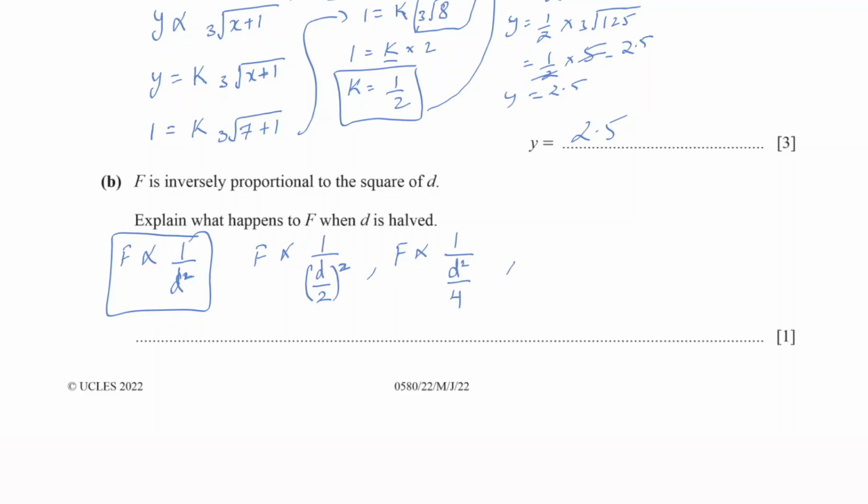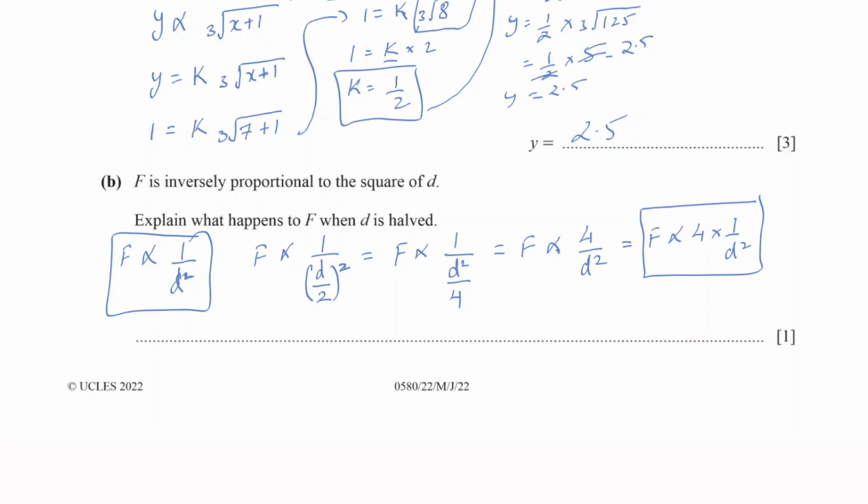Let me put an equals sign, because this is not the correct way of writing. Now 4 goes up and d square comes down. So f is proportional to 4 by d square, or we can write it as f is proportional to 4 into 1 by d square, right?